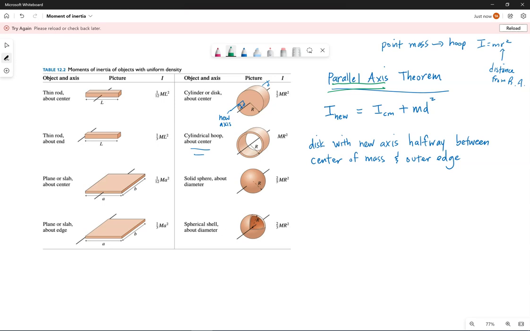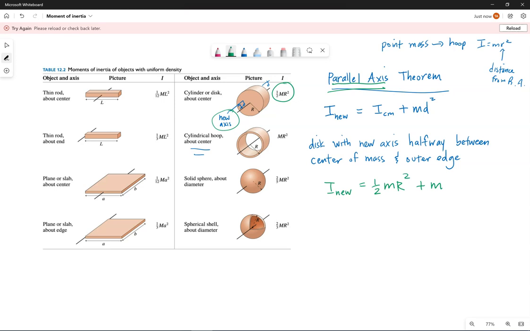So this new axis I've drawn, the I new in this case, we would take the 1/2 mr squared the table gives us, because that is I, when the disk rotates around that axis that goes through its center of mass, plus m is the total mass.